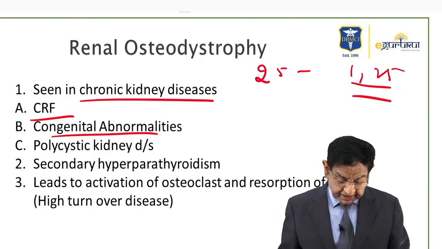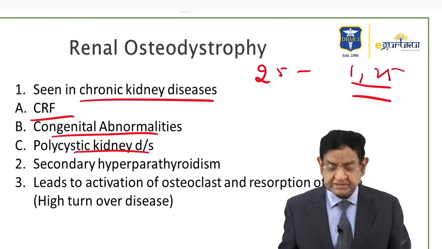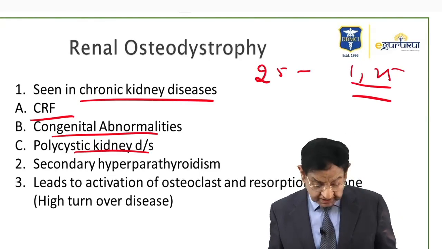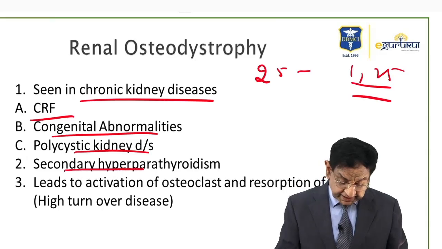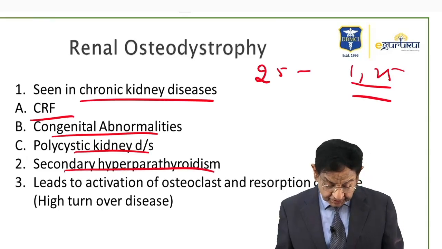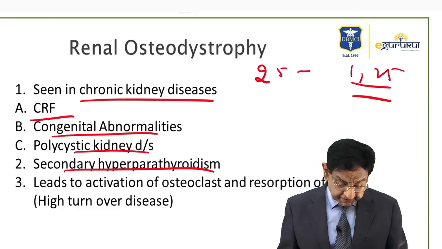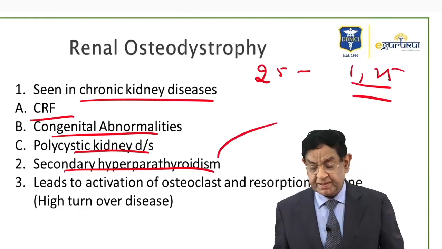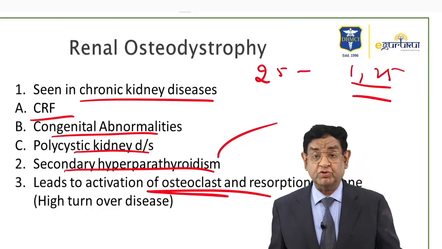It can be a kidney disease, maybe due to congenital abnormalities. Polycystic kidneys can lead to kidney problem, and that can lead to secondary hyperparathyroid. Okay, so in chronic renal failure in particular, secondary hyperparathyroid, and this leads to increased activation of osteoclast.